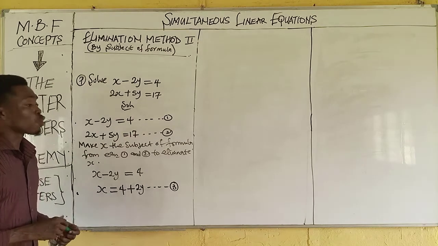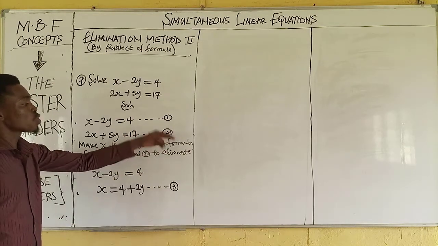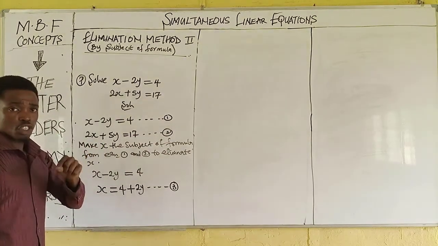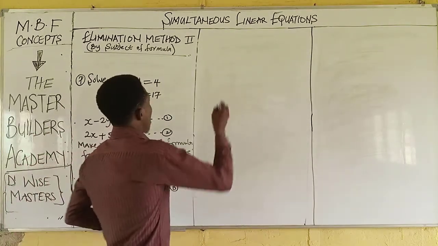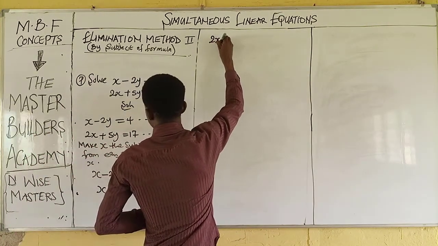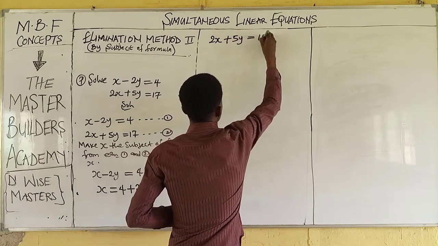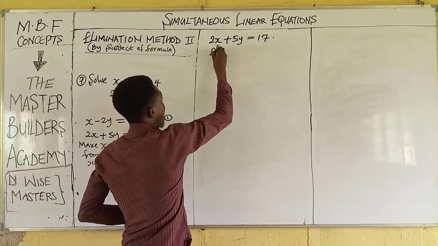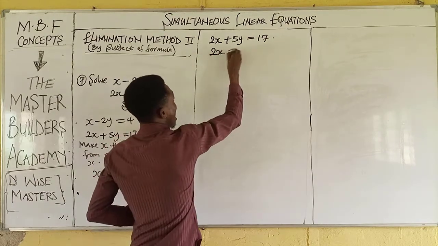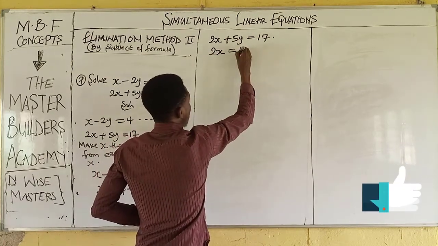Now we want to deduce equation 4 from equation 2, still making x the subject of formula. So we come here and have equation 2 to be 2x plus 5y is equal to 17. To make x the subject of formula, put down 2x and take 5y to the right hand side.